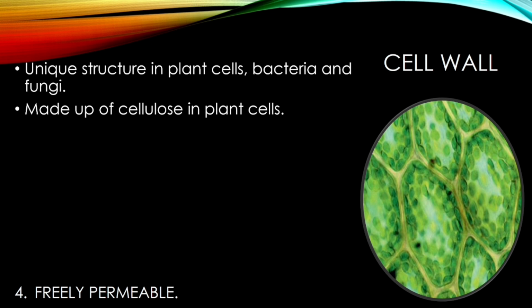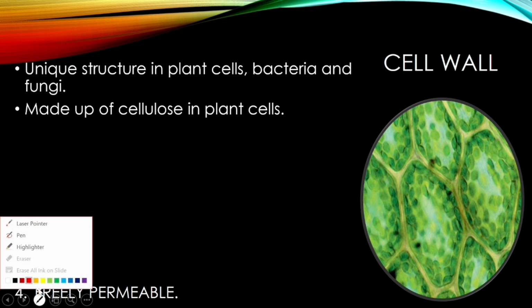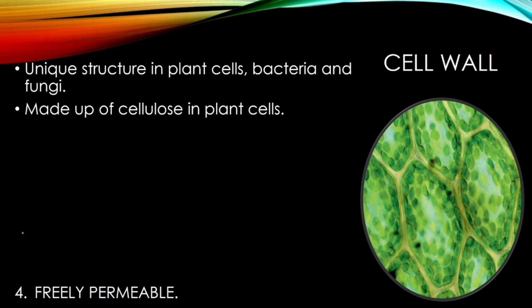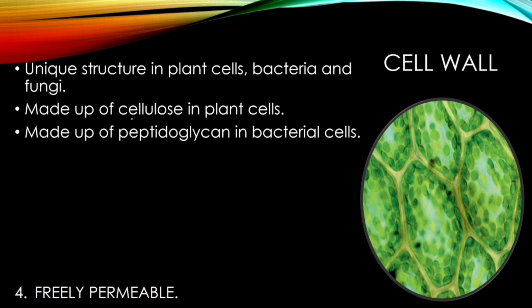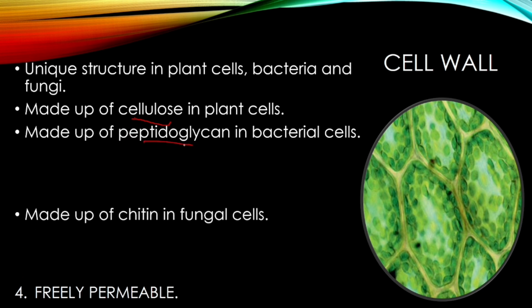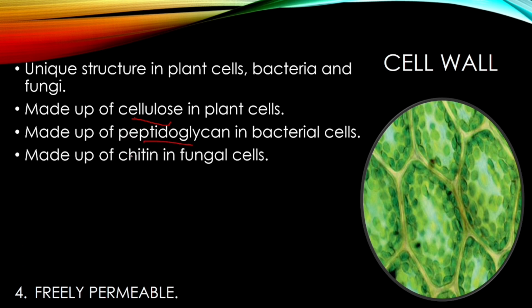In plant cells, the cell wall is made up of cellulose. In bacteria, it is made up of peptidoglycan. In fungal cells, it is made up of chitin. So these are the three different components of the cell walls present in plants, bacteria and fungi.